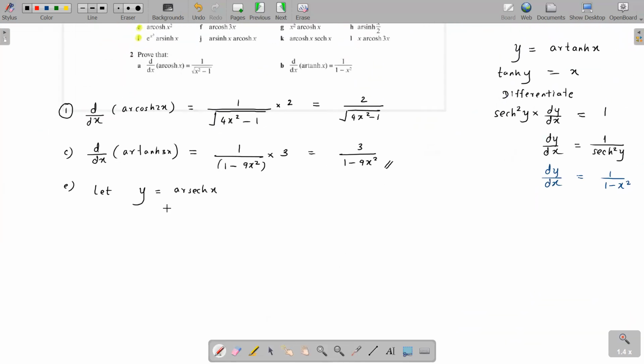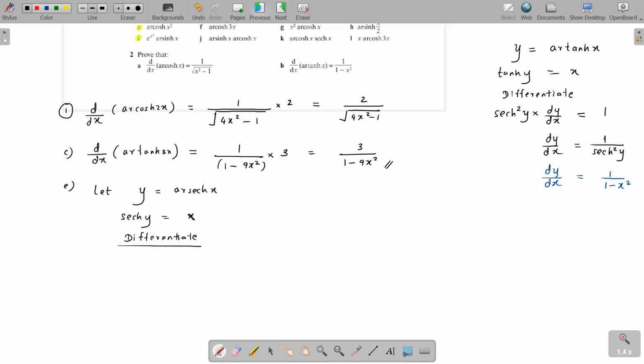y equals r sech x. So what happens here? r sech x means sech y equals x, right? Sech y equals x. Now let's differentiate. What happens when you differentiate sech?